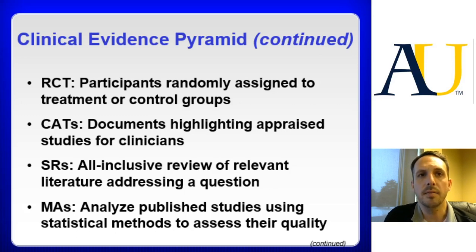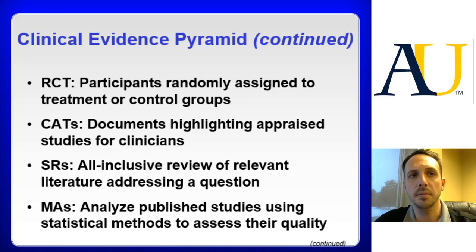A systematic review now is all-inclusive, and what that legitimately means is the systematic review differs from the critically appraised topic from the standpoint that in a systematic review there is a published methodology that the researchers have followed, and all research that falls within that methodology, meaning their search parameters, all research has to be included.